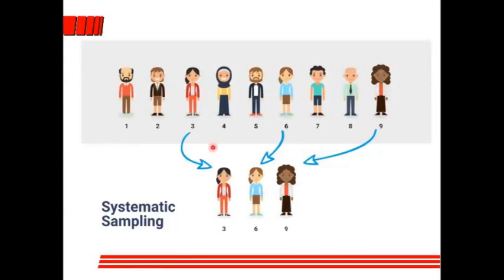Nakuha siya. Then additional 3 yung number 6 natin. And additional na naman na 3 is ito. Ang pinagkaiba dun sa simple random sampling natin is wala tayong pattern. Pero for this systematic sampling, we have yung pattern natin which is every third yung pipiliin natin.